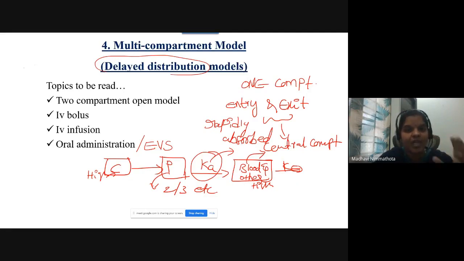That means the elimination, distribution or excretion phenomenon will happen very rapidly. And in case of this multi-compartment model, it will take some time to travel from the central to the peripheral. Traveling is nothing but the drug distribution. So that's why it is also called delayed distribution models.